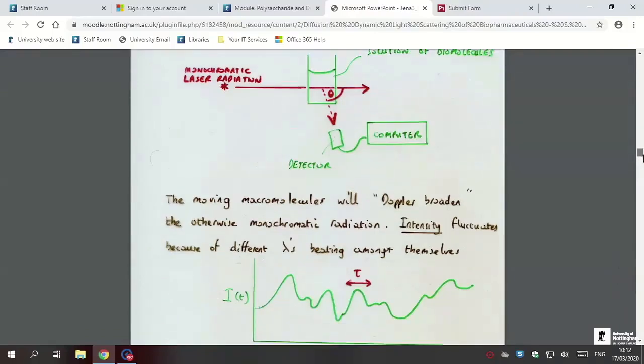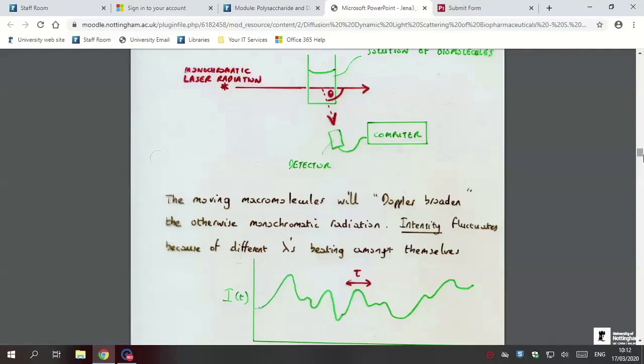And what you're measuring, because the particles are moving about, basically the radiation at a fixed wavelength is coming in and is absorbed by the molecule and re-emitted at the same wavelength. Okay, that's what scattering is about. No absorbance, the same wavelength is scattered.